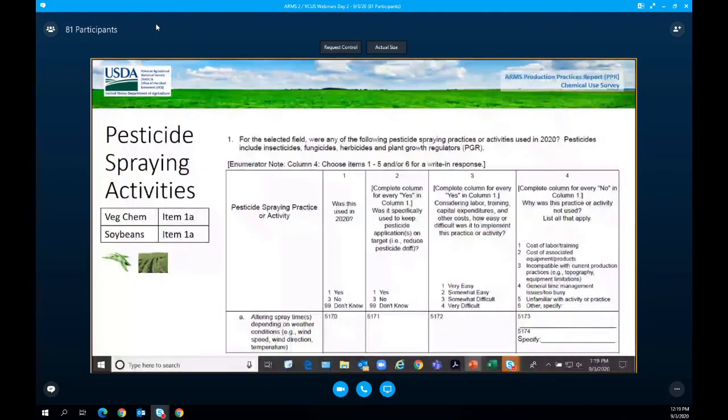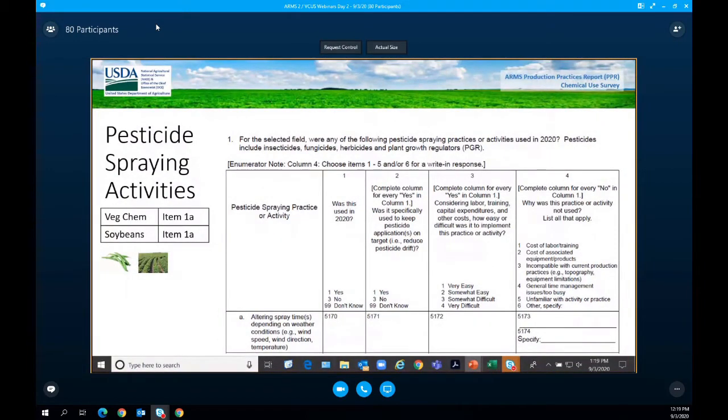All right. So let's go back to 1A. In this question, we're specifically interested in changes in applications that stem from weather conditions that might be unfavorable or could induce drift or off-target movement if an application was made.